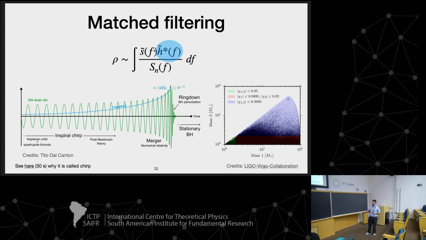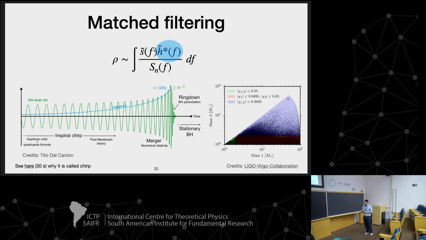What you have on the left is just for one system. What you do with matched filtering is compare the signal with a data bank, the so-called template bank. And this is what I'm plotting on the right. You have the different masses, the two component masses, mass 1, mass 2.